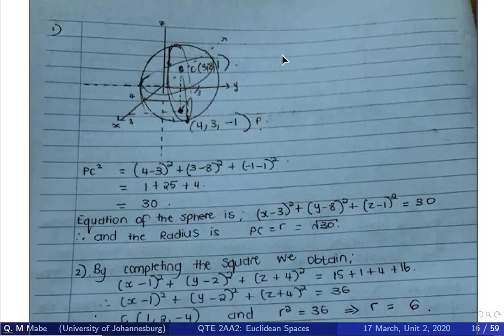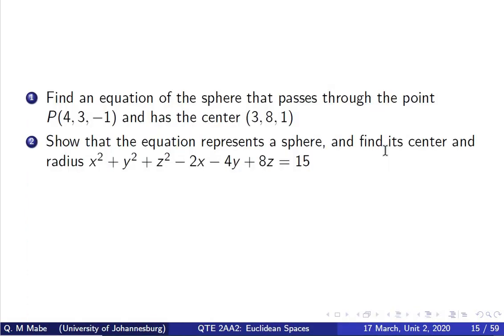Right. So what's going to happen here is that we were given the original equation. I should have written it here, but let me just go back. x squared plus y squared plus z squared minus 2x minus 4y.